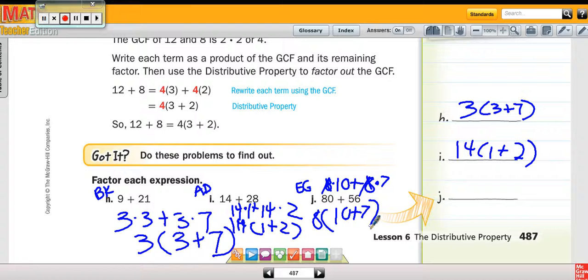How many of you agree with Evan? Got 8 times the quantity 10 plus 7. Good. Any questions that came up about factoring?